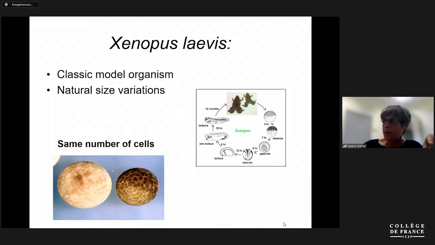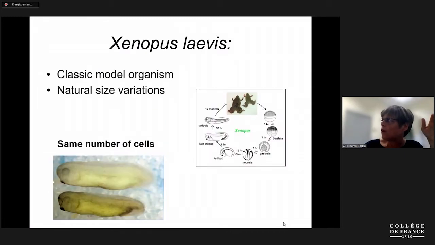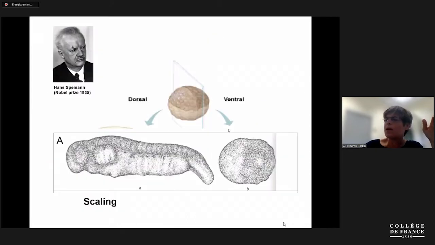What was shown there through groundbreaking work by Hans Spemann is that we can get scaling, very accurate scaling, when we introduce a very severe perturbation. Here is one experiment, for example, that Hans Spemann did. He took a very early embryo. If you follow this progression of the differentiation here, he took a very young embryo. He took a very thin hair, and he basically cleaved it into 2.